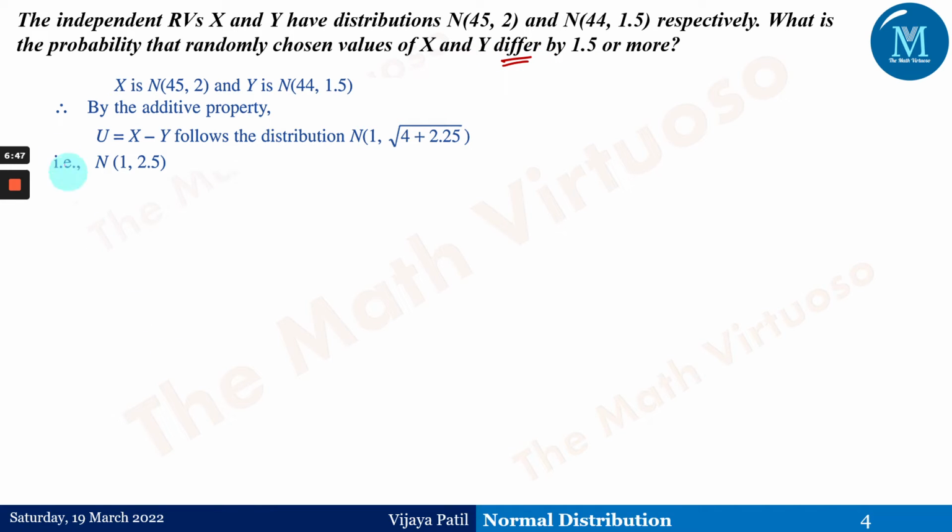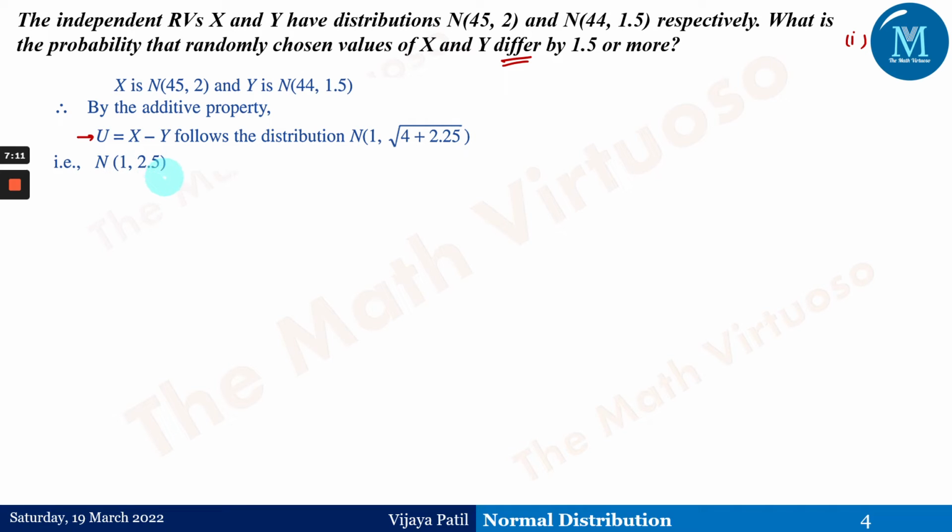So that is the reason we have said u equals x minus y, which follows the distribution, using the same additive property we used in the last one. Again, my suggestion is please go to the I button for the details about the additive properties. So this gives you N with mean 1 and standard deviation square root of 4 plus 2.25.